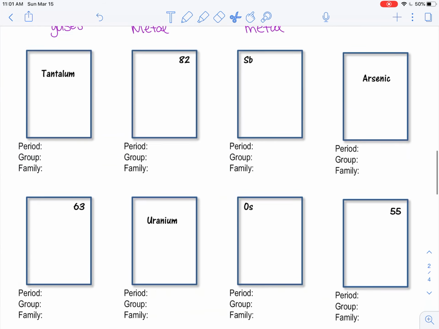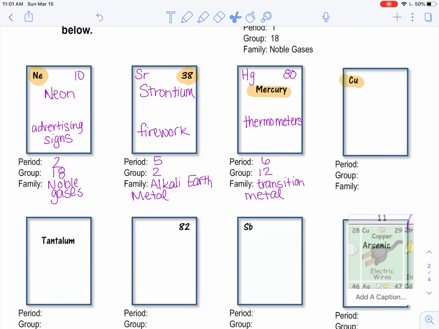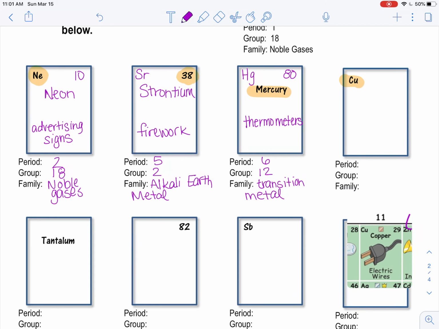So we'll copy that, bring it up here, and Cu is copper. And its atomic number is 29, and we've talked about this before in class, it is used in electrical wires. That's because copper is very good at electrical conductivity. It allows electricity to pass through it easily.